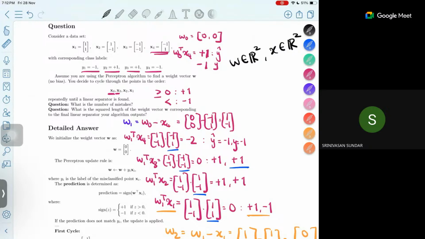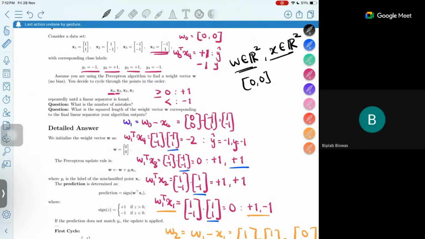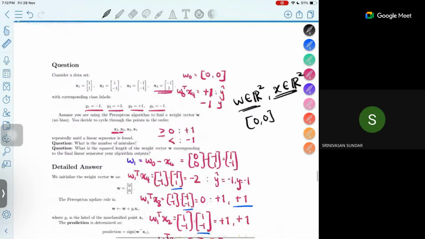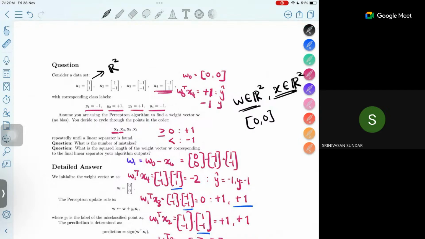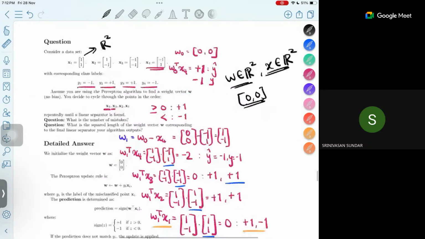In fact, we initialize W as 0, 0 based on X only. Because X is two-dimensional, all the X's are in R2, therefore we initialize W also to be in R2. And then we are taking a dot product of W with each of the X. Of course, in a single dimension, a dot product is nothing but regular multiplication.